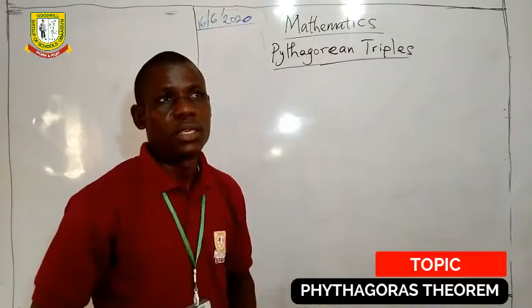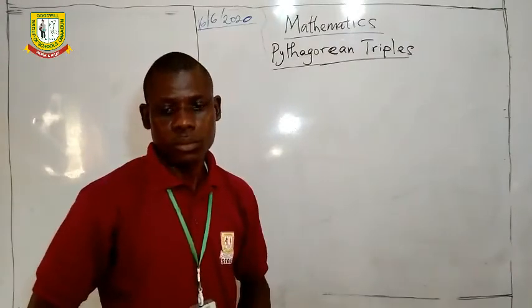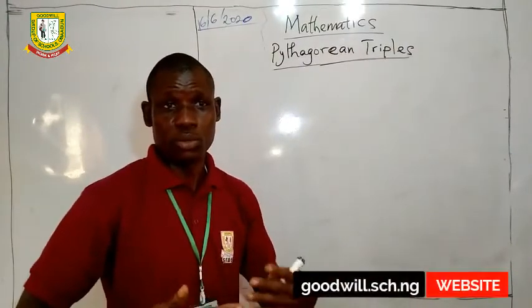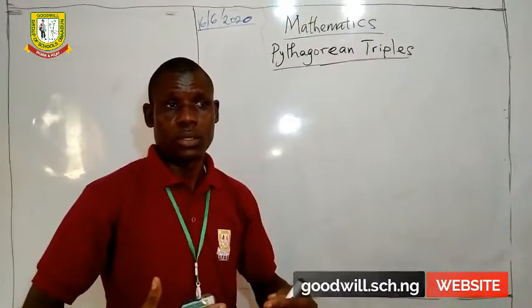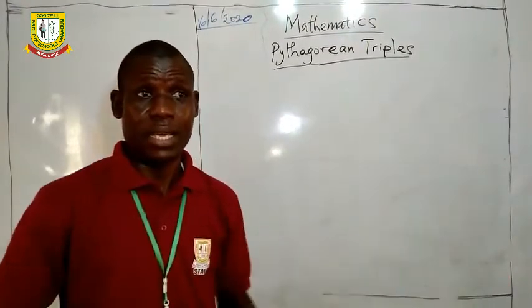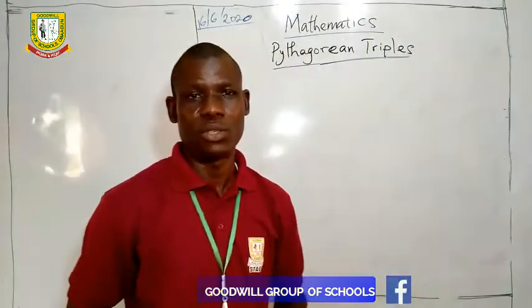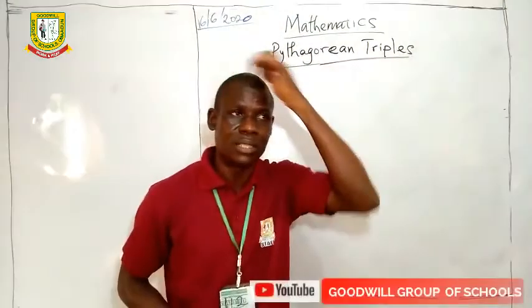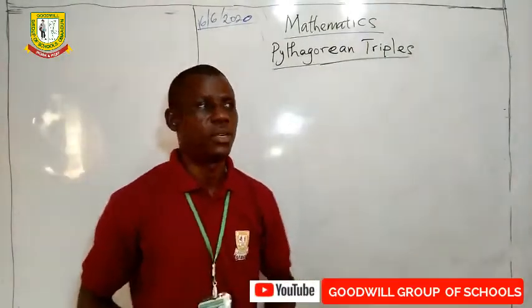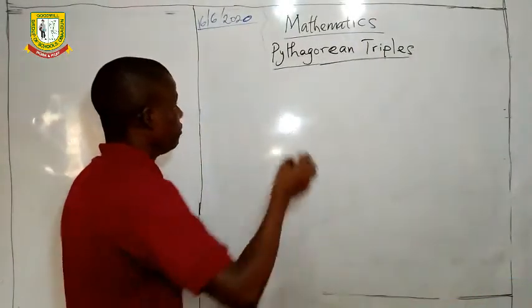So as a student, you should be able to at least identify at a glance some of these Pythagorean triples. An example is 3, 4, 5.